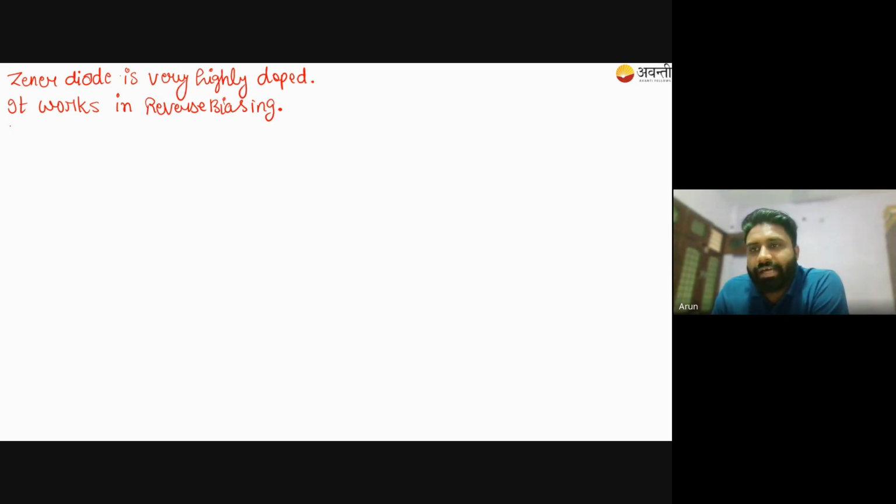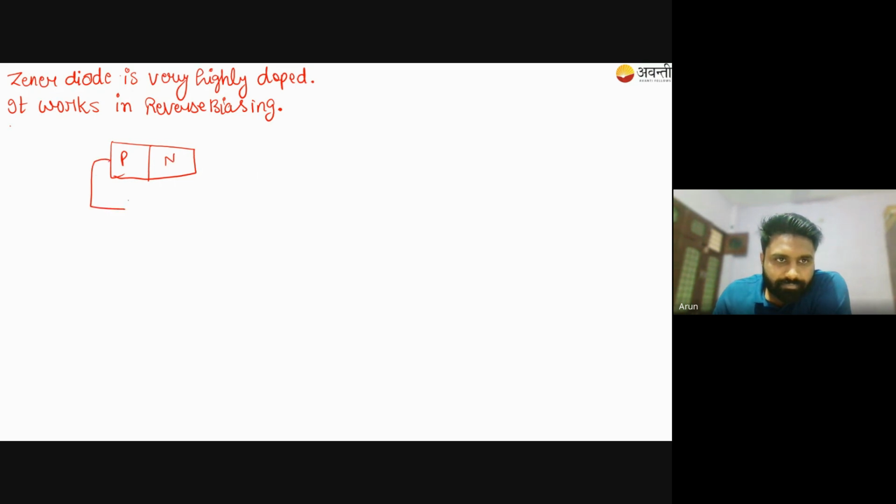a normal p-n junction diode in reverse biasing, which is negative to positive, negative to positive. In reverse biasing, what will happen? The depletion width increases.